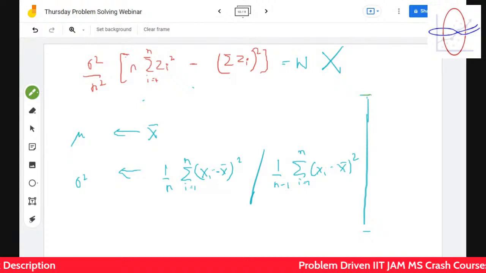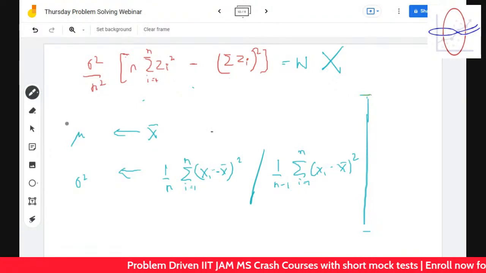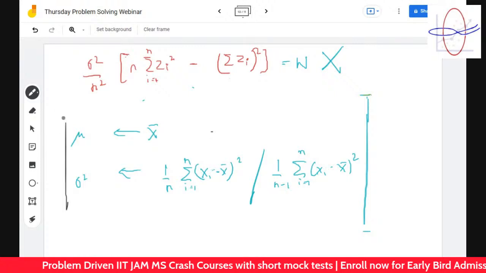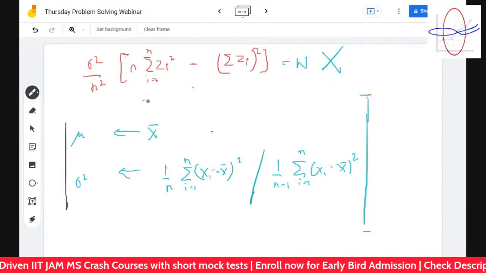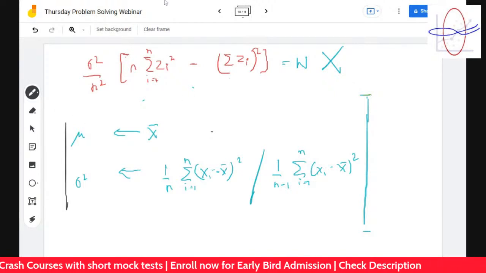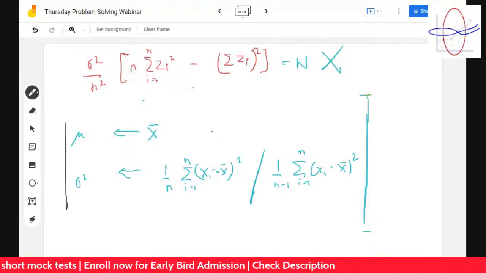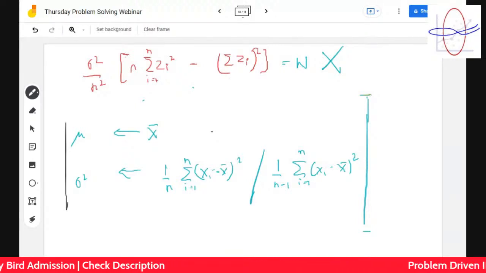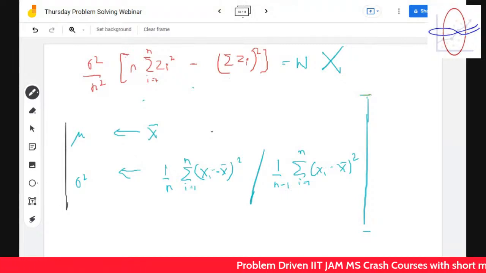So remember, whenever you have a problem, always think about the results you know about consistency and unbiasedness and stuff like that. Why? Because you can use those properties while solving those problems, and that's really useful. Okay, very good. So let's move on to the next problem.